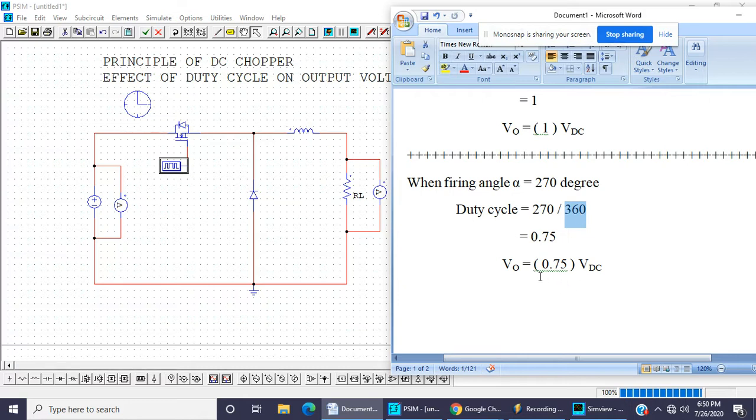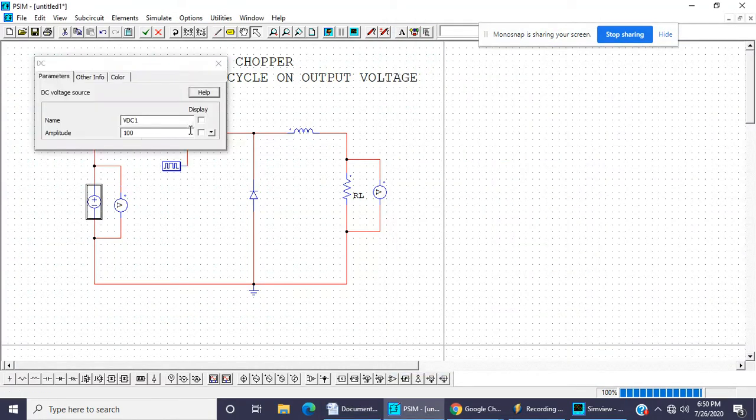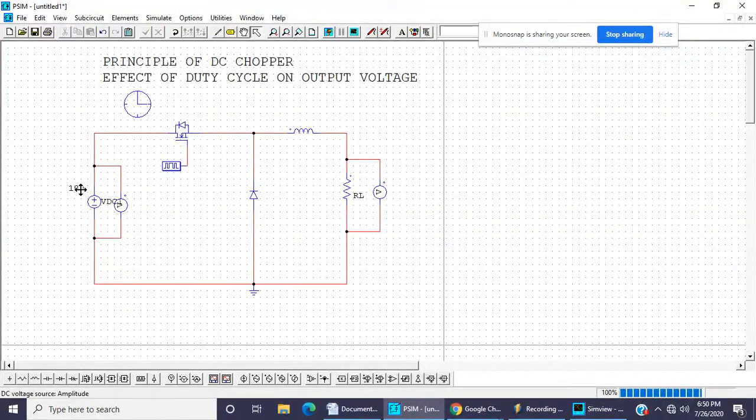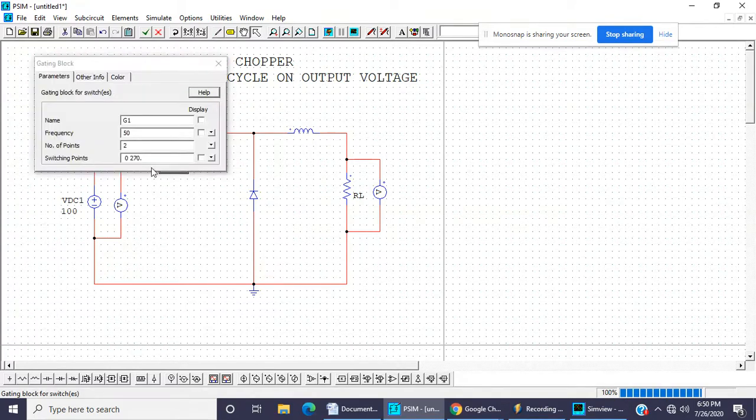Output voltage is equal to 0.75 VDC, means if input voltage is 100 volt, output voltage is equal to 100 into 0.75, means 75 volt. So 0 and 270, 270 is firing angle.